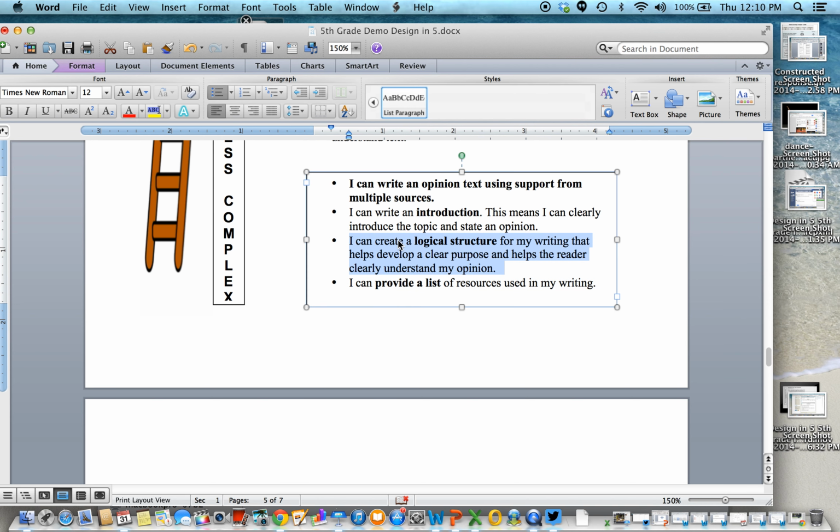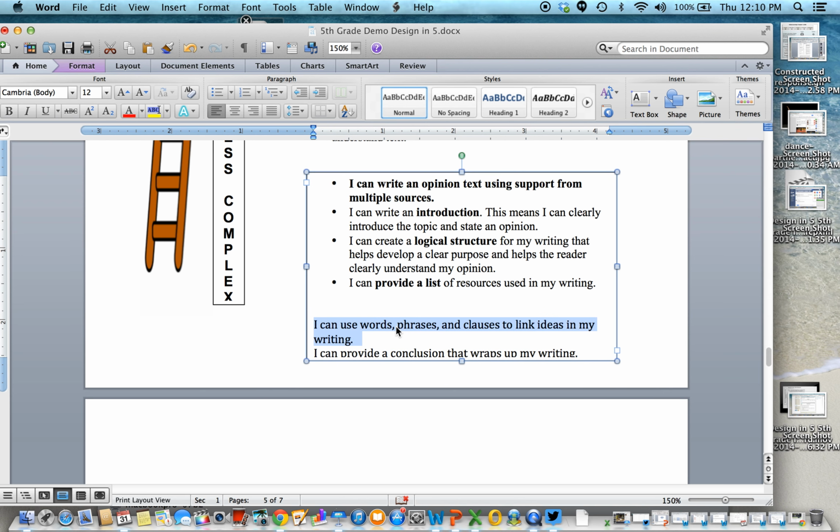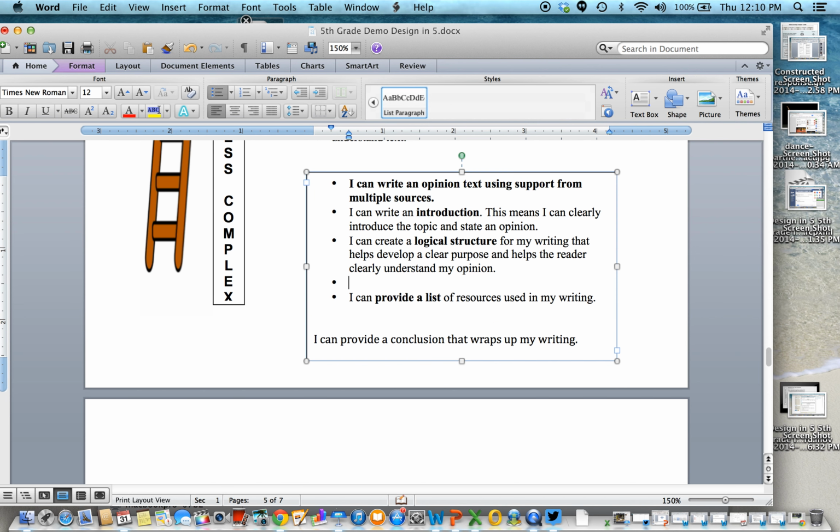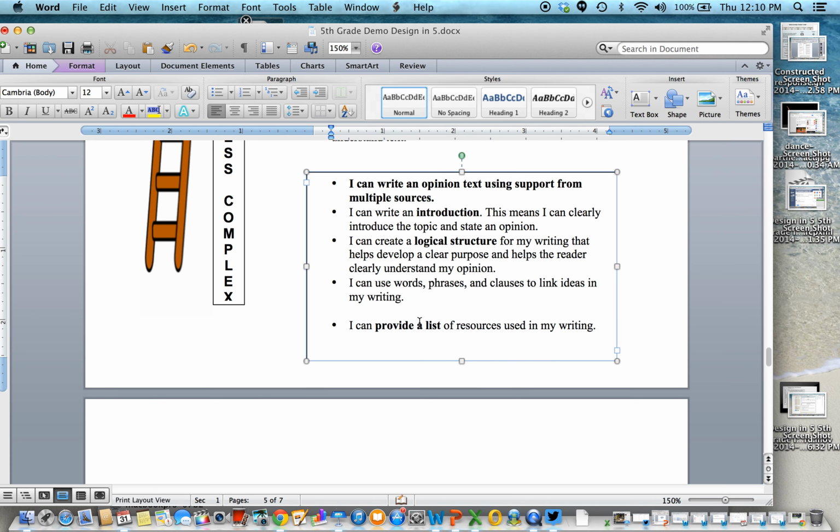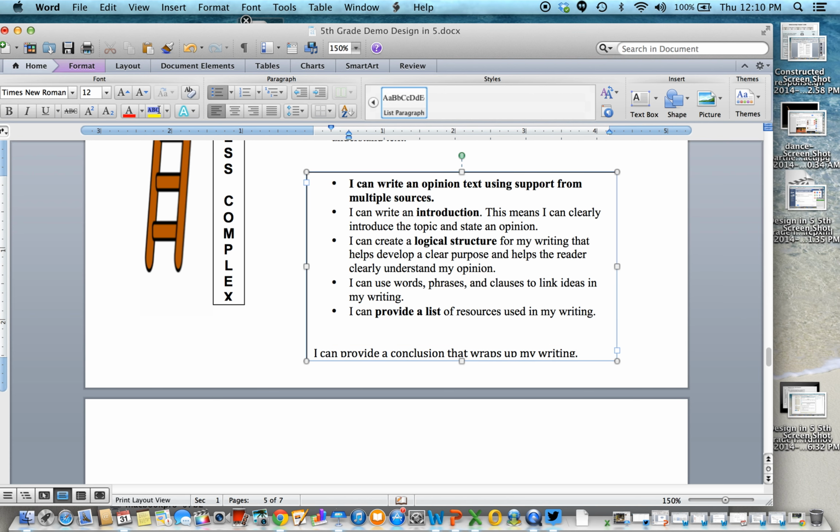I can create a logical structure. Do I have a beginning, middle, and end? I can write an introduction. Oh, you know what else we have that we need to have on here? I can use linking words. So this is really effective transitions if we're thinking about writing. So that would be the criteria we would be looking at. And a conclusion.